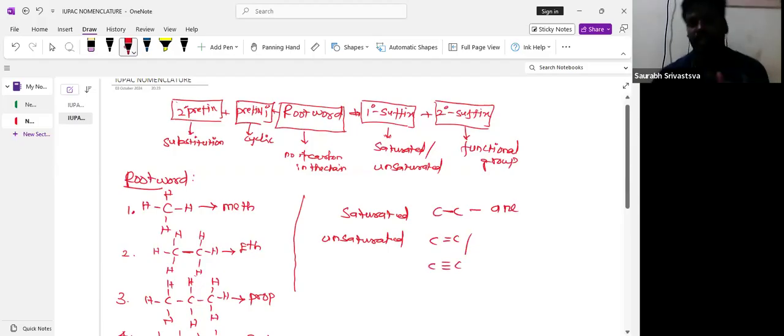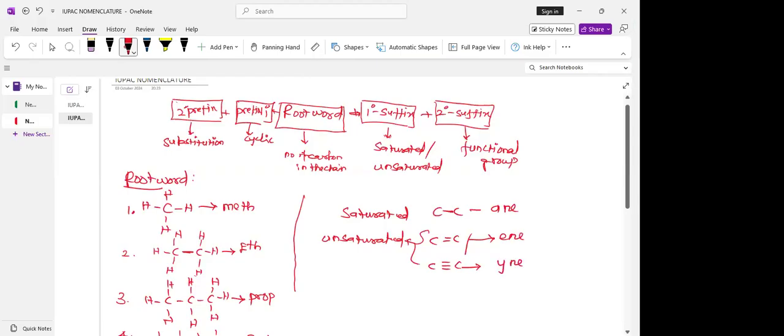In between the carbons it may be a double bond or a triple bond. Both we call unsaturated hydrocarbons. If a double bond is present, you have to use the primary suffix ENE. If a triple bond is present, you have to use the suffix YNE.